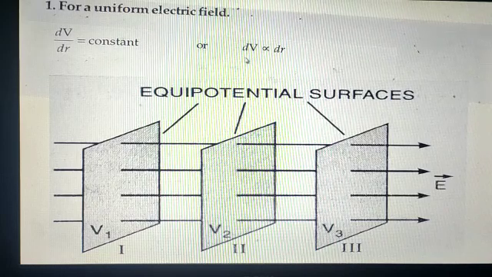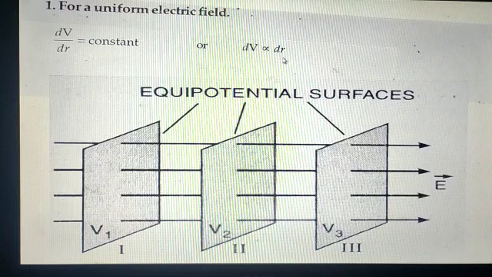Now here we have discussed that dV is proportional to dr. dV means the potential difference between the two equipotential surfaces, V2 minus V1, is directly proportional to the distance between them.